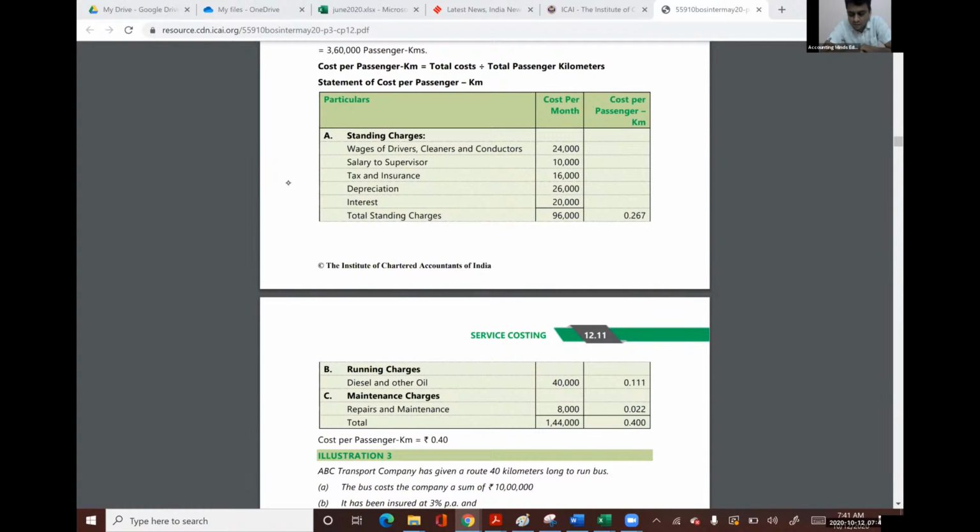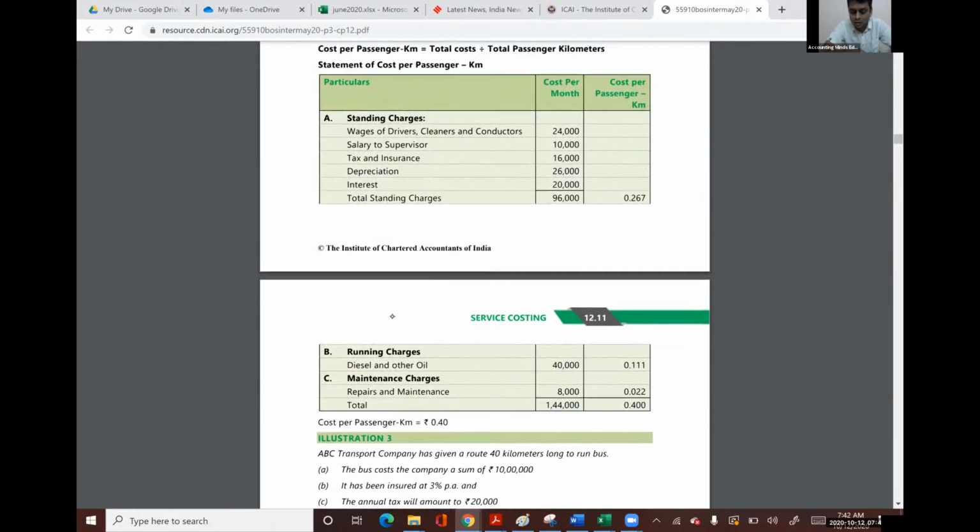But however, in service costing, because the service industry predominantly does not employ a lot of assets unless it is transport, in that case, you can add interest because that's considered a requirement for operating this service. So hence it is added. Interest is added because you have to find out cost per passenger kilometer. That argument always will be there, whether interest is to be added or not.